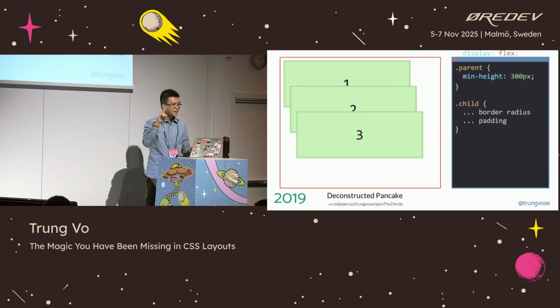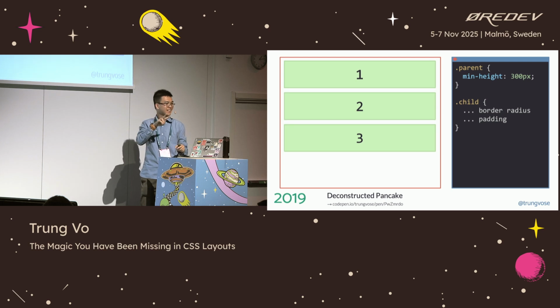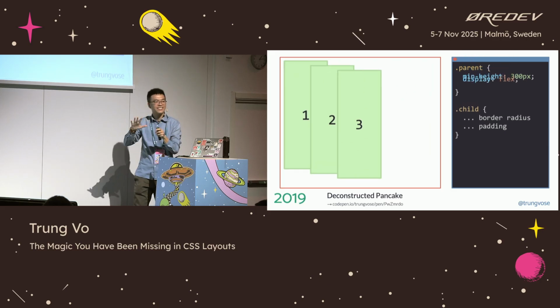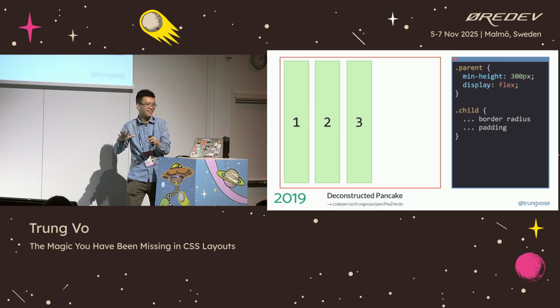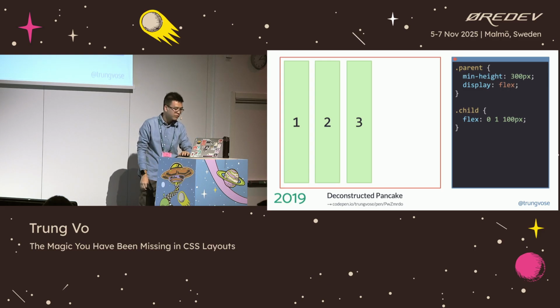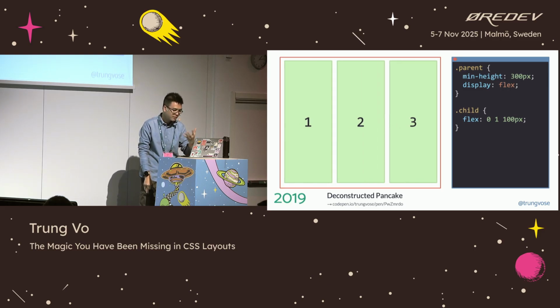But maybe you haven't seen it yet, so I'll do it slowly again. I take out flex, it is top to bottom again, and then I put in flex. This is like a 5-second animation, very slow. And then I put in the flex property that we saw before. It essentially says don't grow, but you are allowed to shrink, and start at 100 pixels.